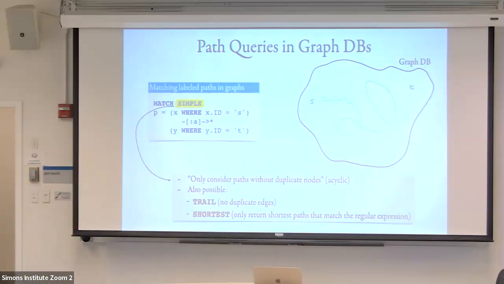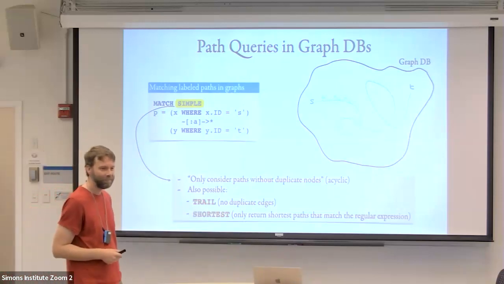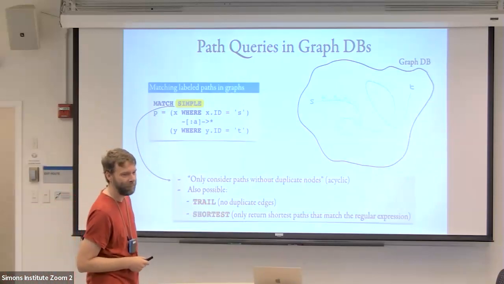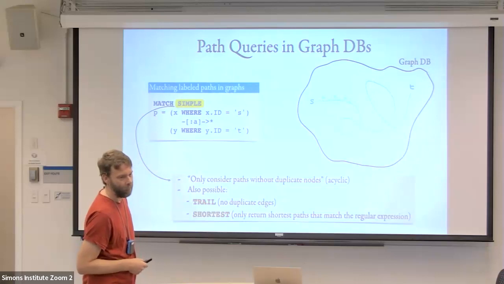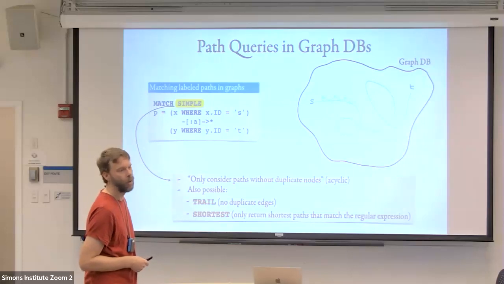Yes, go ahead. I'm trying to understand if you say you can specify the direction to follow the edge, if that adds expressiveness. So why can't you just say for each label, you say A left and A right, and then can you express direction?